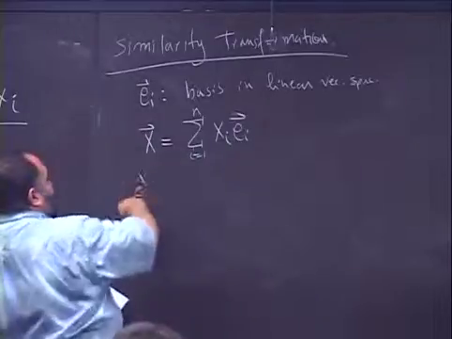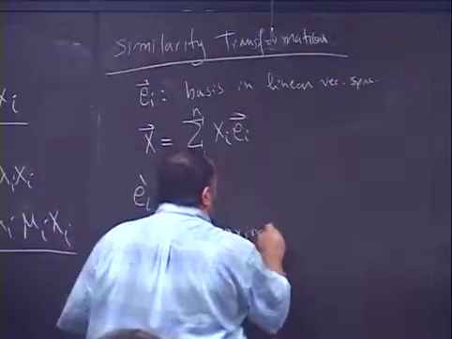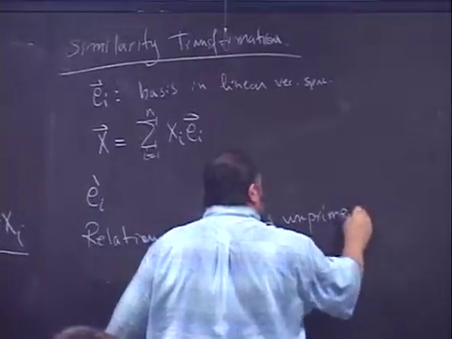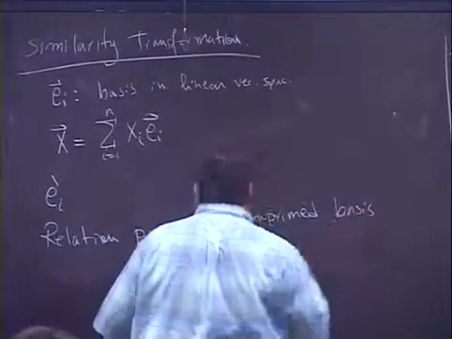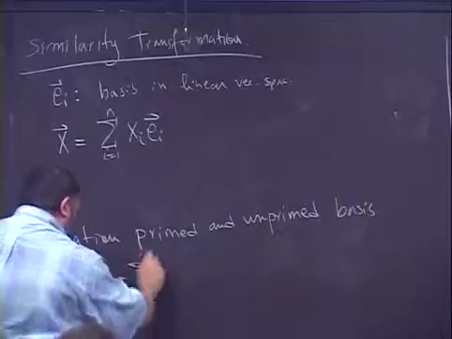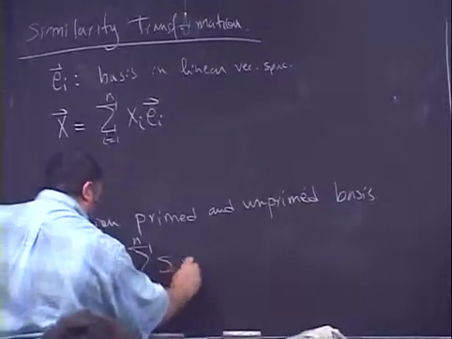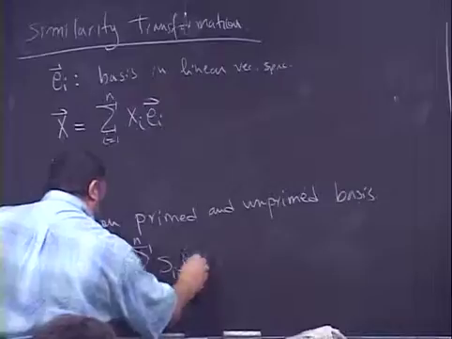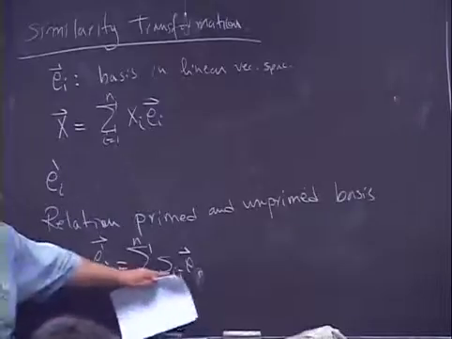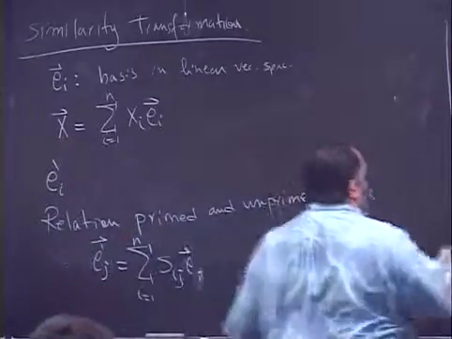And the relation between the primed and the unprimed bases can be given by e_j prime equal to the summation from i equal 1 to n of S_ij e_i. So what do you think S_ij should be?